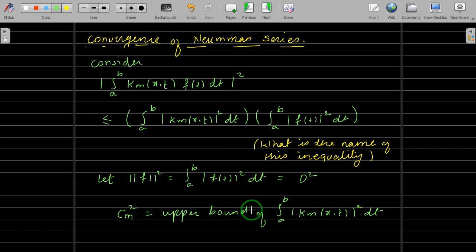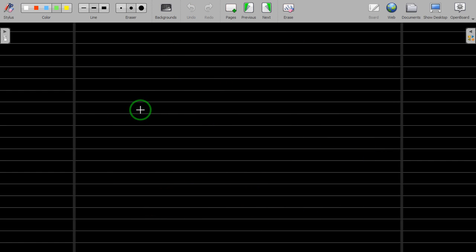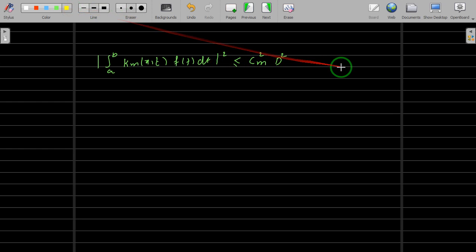With these two, we will get that the mod of the integral from a to b of km(x comma t) f(t) dt, the whole square, is less than or equal to cm square d square. Mark this as equation 1.